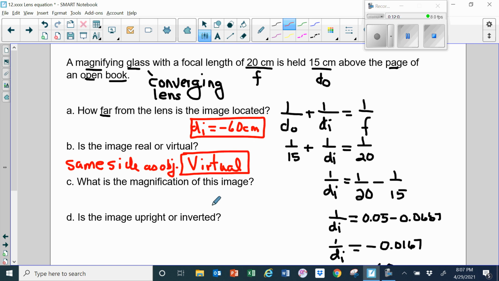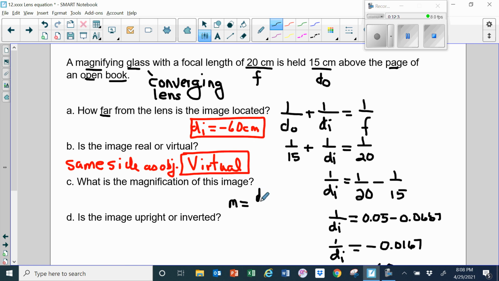And so then the next question is, what's the magnification of this image? Let's look at that real quick. We're going to use the magnification formula. M equals minus DI divided by DO.